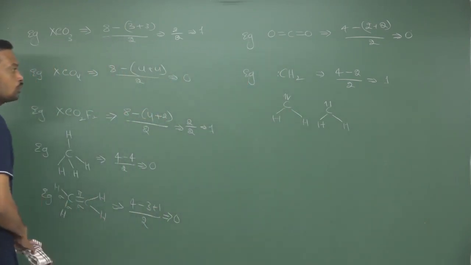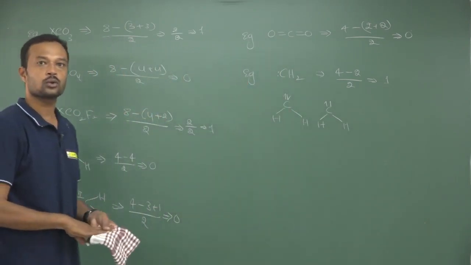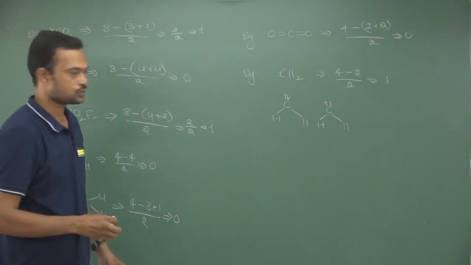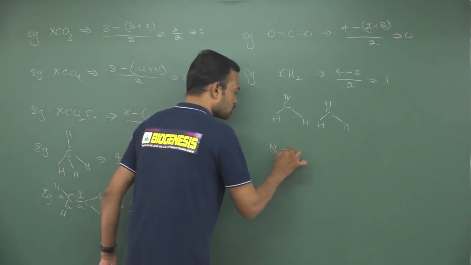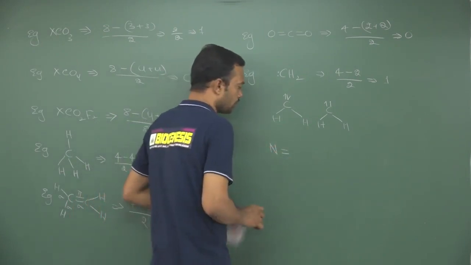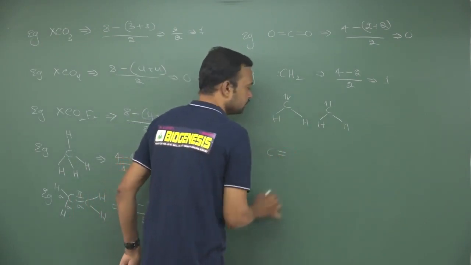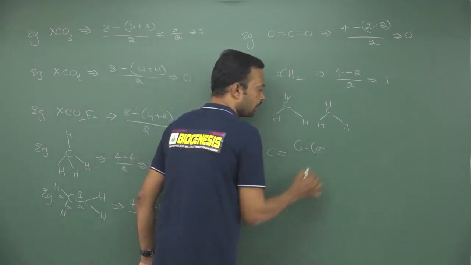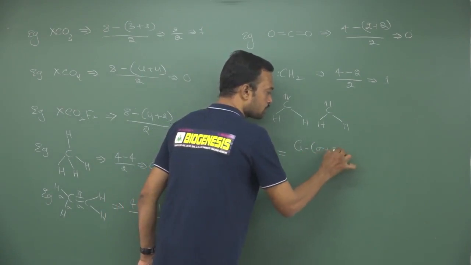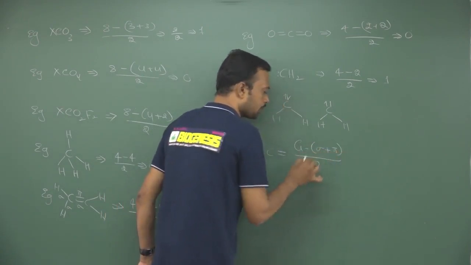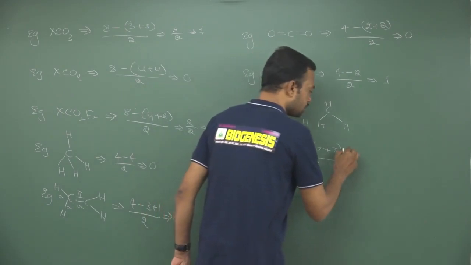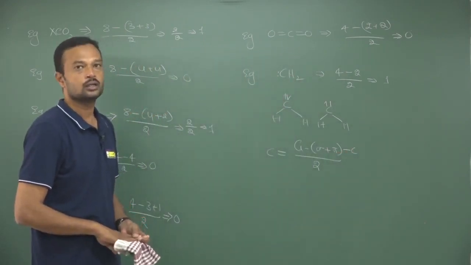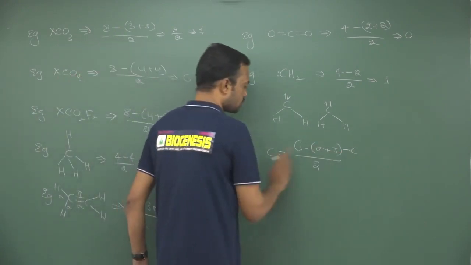So this formula is not only applicable for a neutral molecule, even it is applicable for a positive charge species and negative charge species. See, this is for neutral. Now I would like to calculate for a cation. For a cation we need to apply the same formula: group number minus number of sigmas, number of pi's, divided by 2, after removing the total number of positive charges present on this cation.